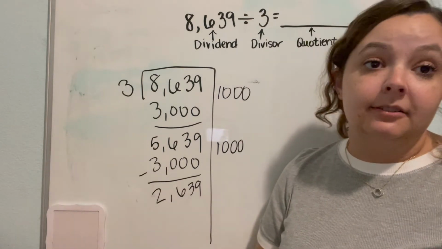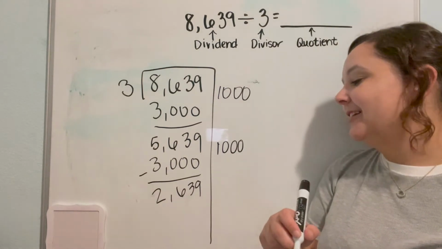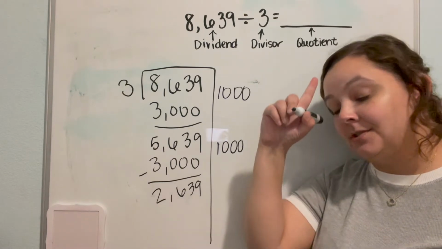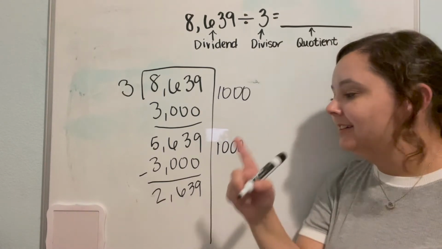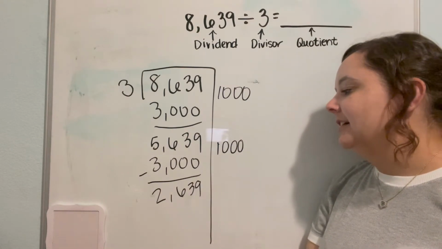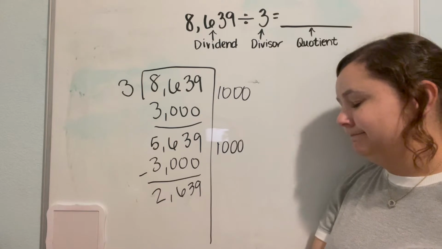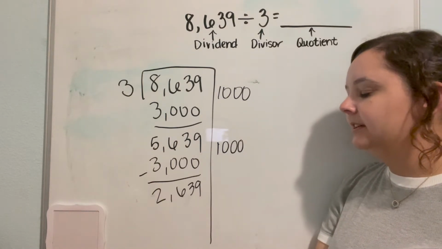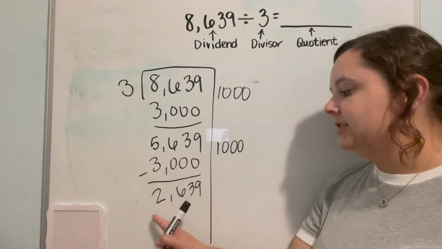And I'm going to keep going. So, to speed up our process a little bit, I'm going to use multiples that are friendly to me to get us closer to 2,639. I know that I can multiply 500 times 3 to get us closer to our number here.